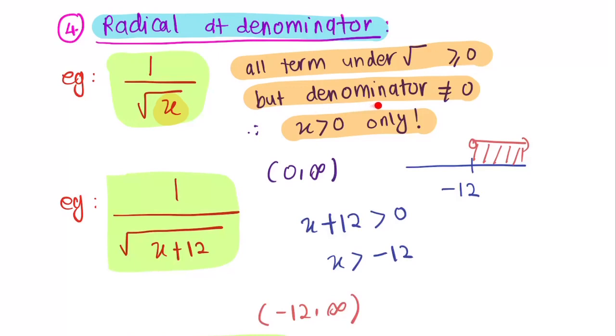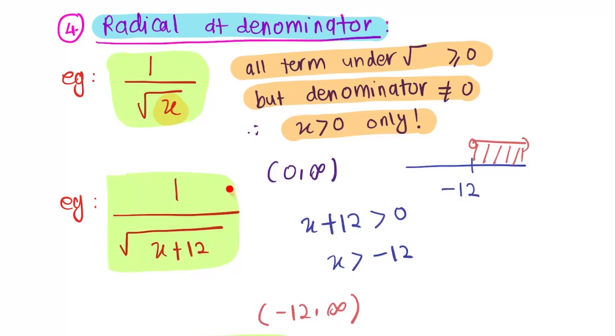However, denominator cannot be equal to 0. So since this is at denominator, it cannot be equal to 0. Therefore, the domain is just x more than 0. You must get rid of the equal sign.